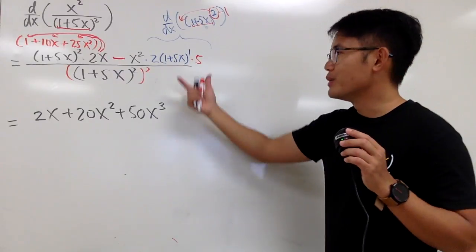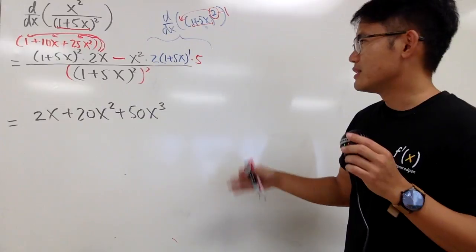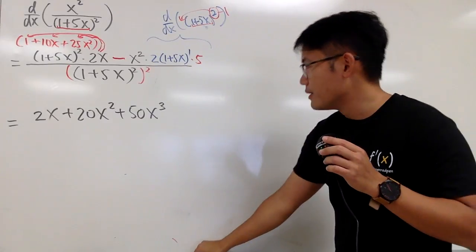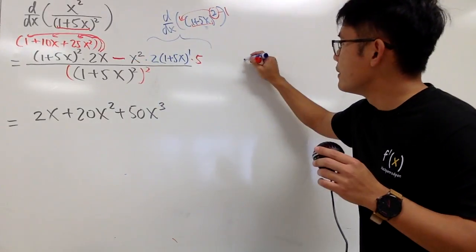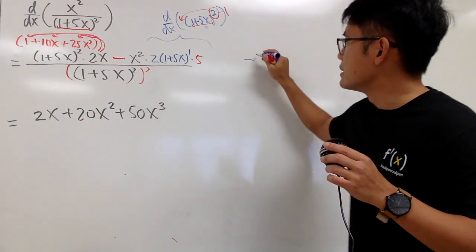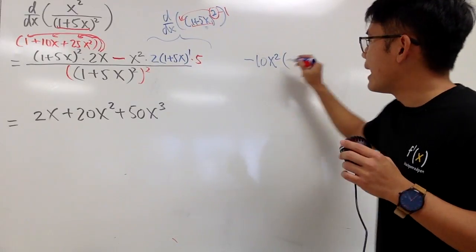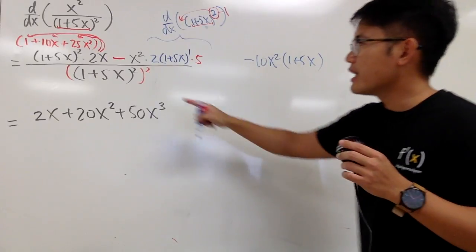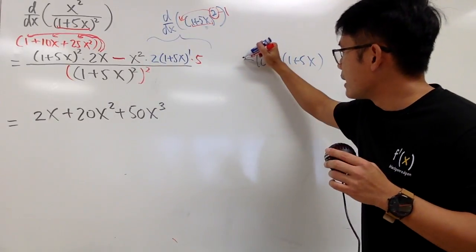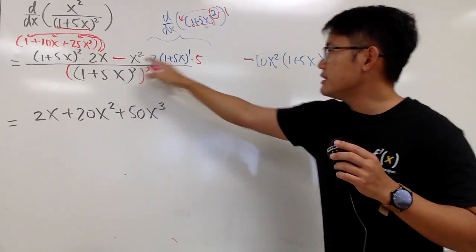And then we are going to work out this part. And maybe you want to do it on the side so it's slightly more clear. Perhaps I'll do that for you guys. This right here is negative. We have the 5 times 2, which is 10. And then we have this x squared. And then we multiply by 1 plus 5x to the first power. Once again, I brought out this negative right here. And then 2 times 5 is 10. And we have this x squared.